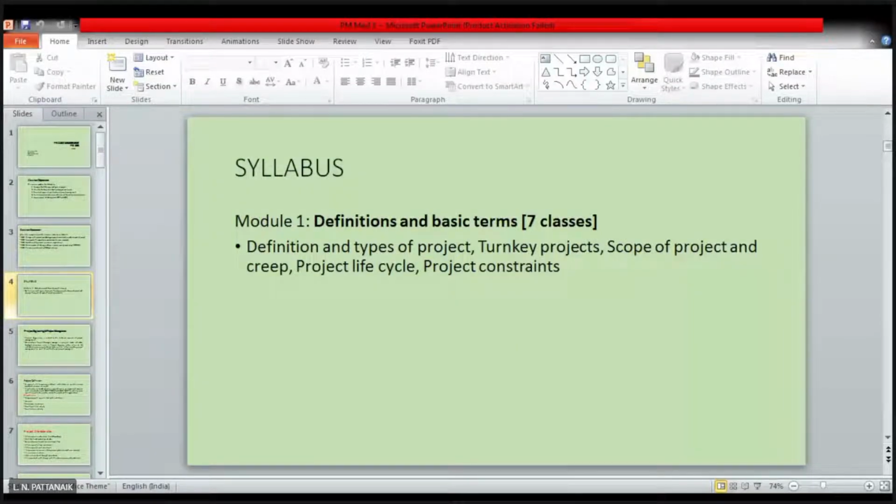Depending on the project, some project may consume more materials, less manpower. Some project may consume more manpower, less material. For example, a software project, let us say some IT project. In an IT project, the consumption of material is comparatively less than an infrastructure project like a highway or a bridge or an airport. But in case of these IT or software projects, the need of manpower is more.